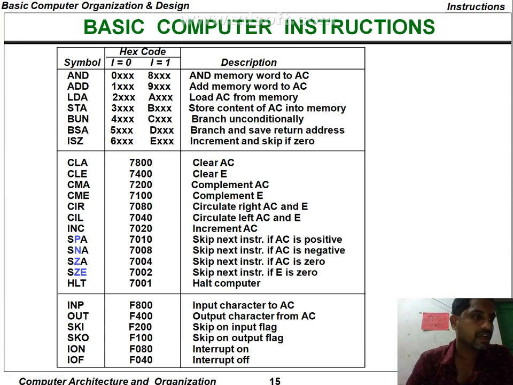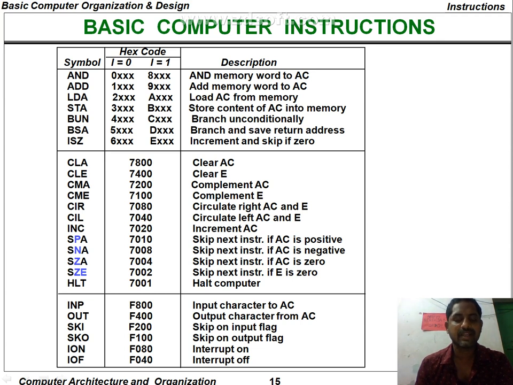So we can use different register bits here. And CLA is clear accumulator, CLE clear E, CMA complement AC, CME complement E, CIR circulate right accumulator and E, CIL circulate left accumulator and E, INC increment accumulator.